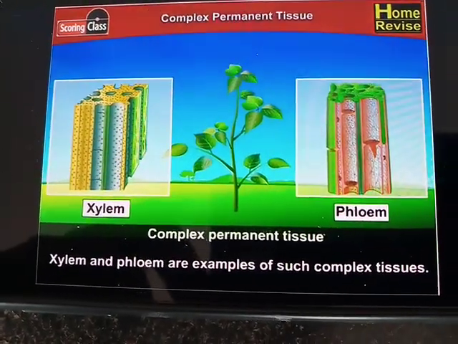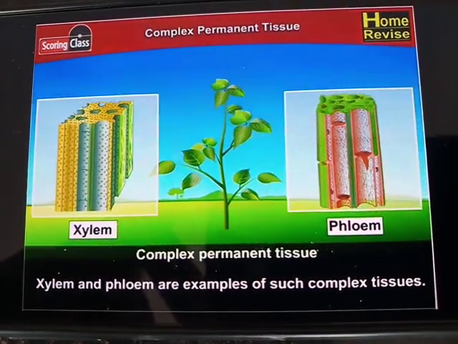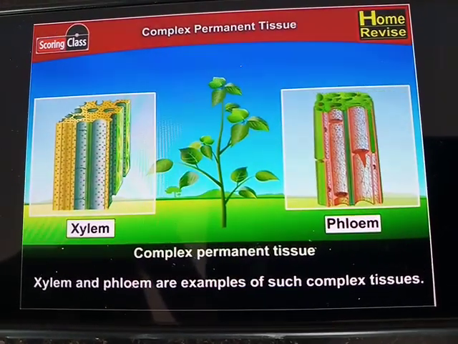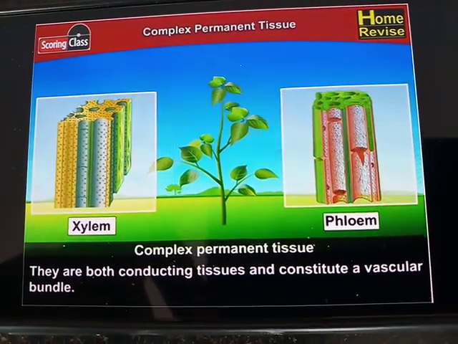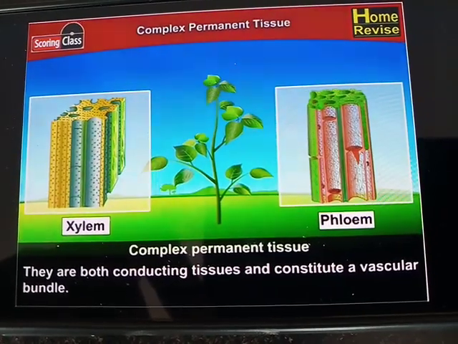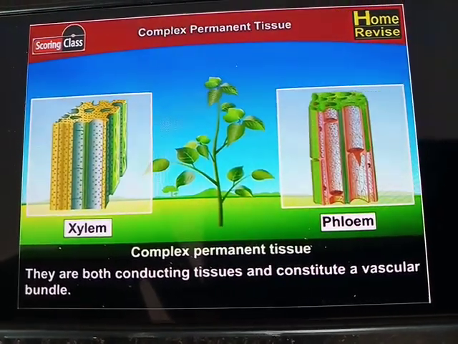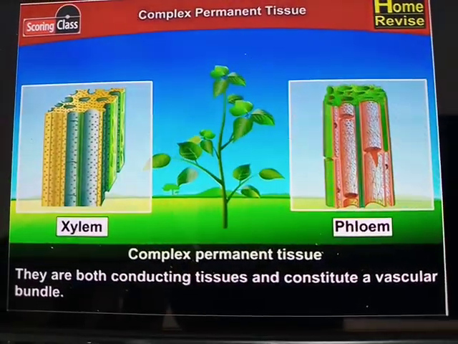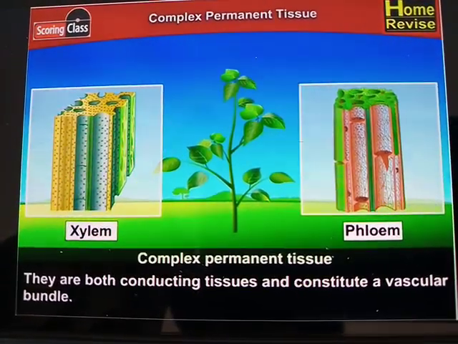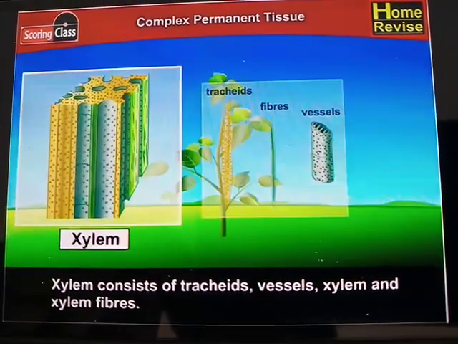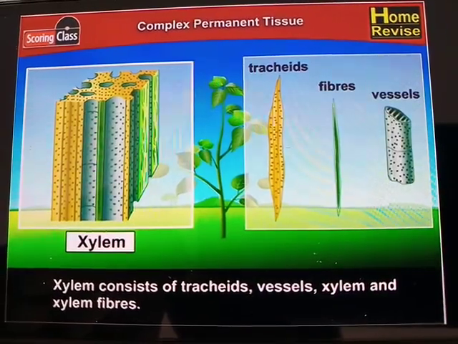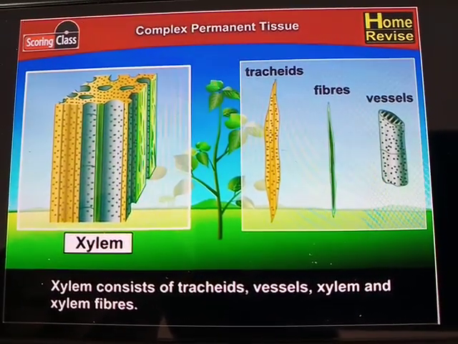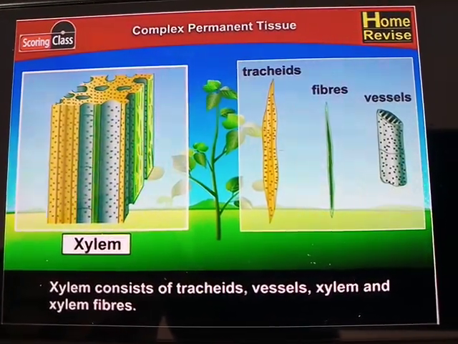The complex permanent tissue examples are xylem and phloem. They are both conducting tissues and constitute a vascular bundle. Xylem consists of tracheids, vessels, xylem parenchyma, and xylem fibers.